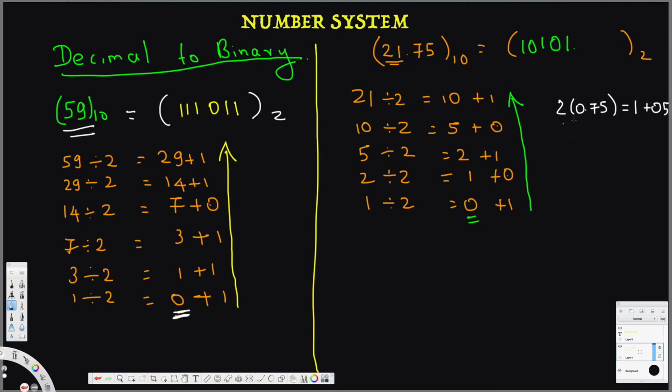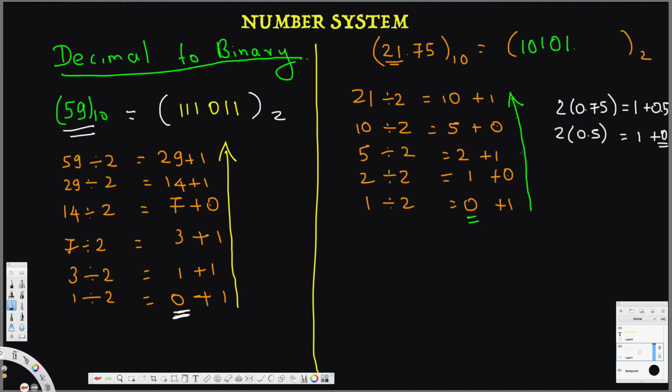And then we have 0.5 again as a fraction. We multiply this one by 2. 0.5, that's going to be 1. And then we don't have any fraction point. That's 0. So once we get 0 for this one here, we stop there. For the whole number we go from bottom to top.